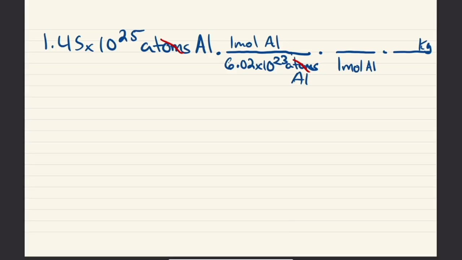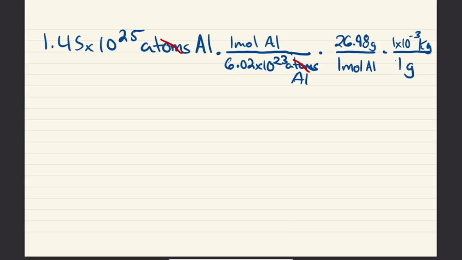I apologize, it's a little difficult to find this. It's 26.98 grams per mole. And we should recognize that to convert to kilograms, we need 1 times 10 to the negative 3.